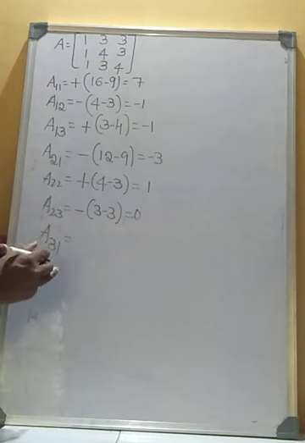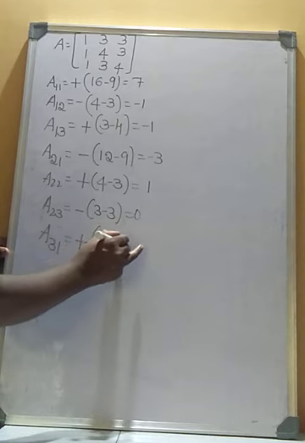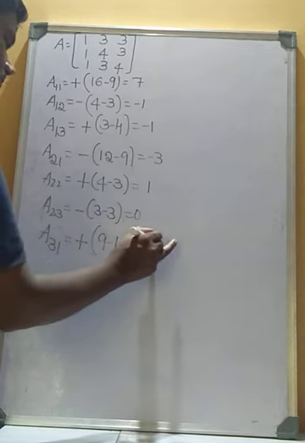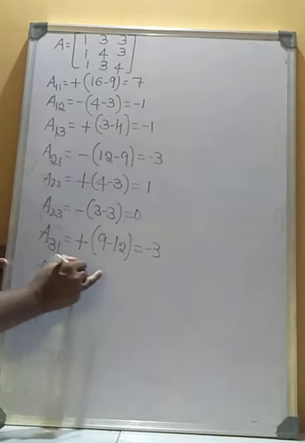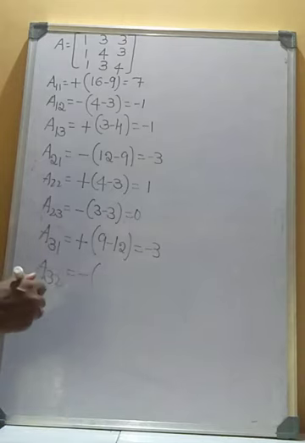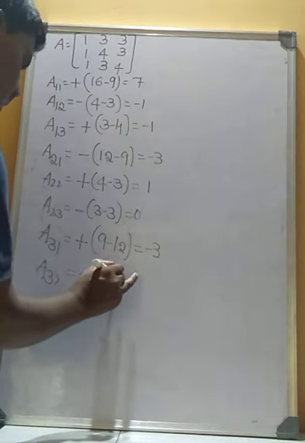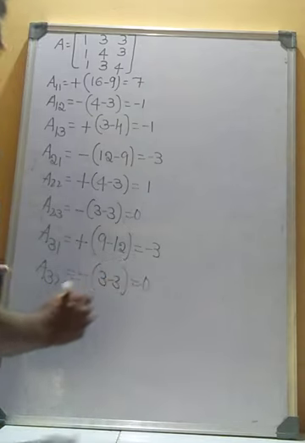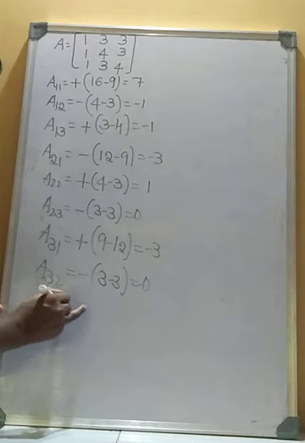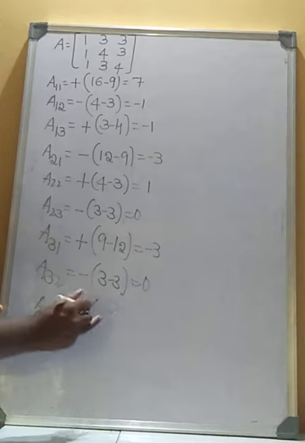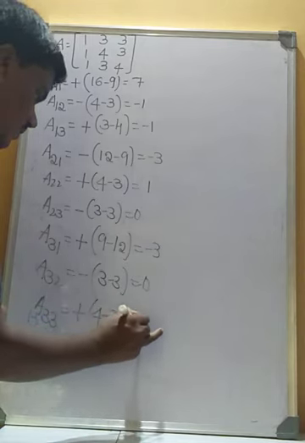A31: plus 9 minus 12 is equal to minus 3. A32: sign minus, 3 minus 3 gets cancelled, 0. A33: plus 4 minus 3 is equal to 1.